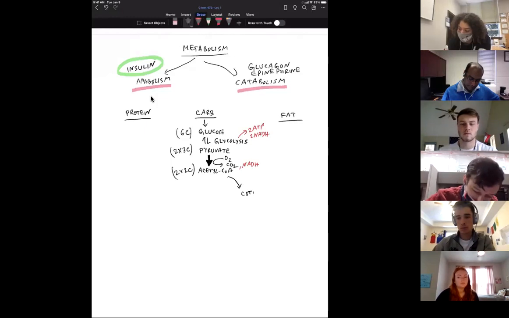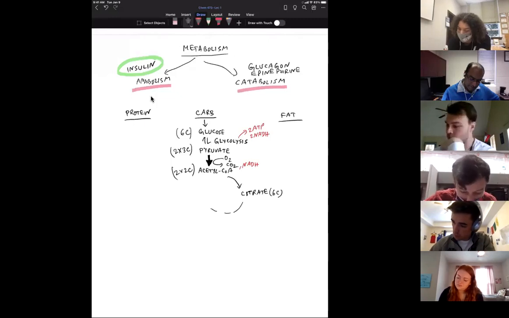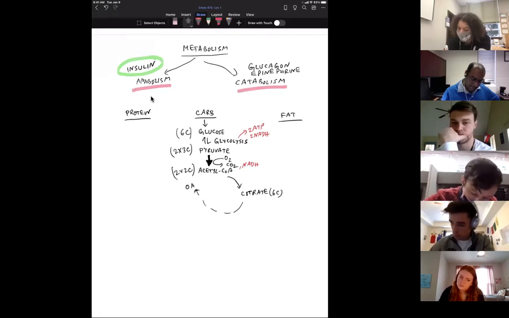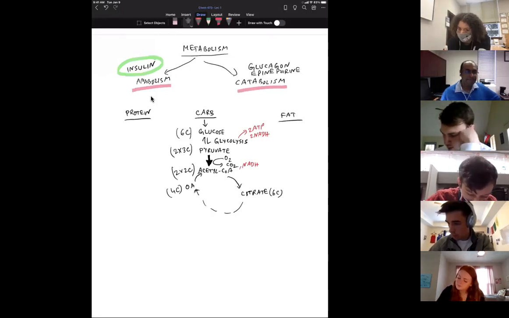Citrate is 6 carbon. A lot of things happen here, a lot of steps. There is another molecule called oxaloacetate, or OA. OA is a 4 carbon, so a 4 carbon combines with acetyl CoA, 4 plus 2, and you get 6 carbon citrate.